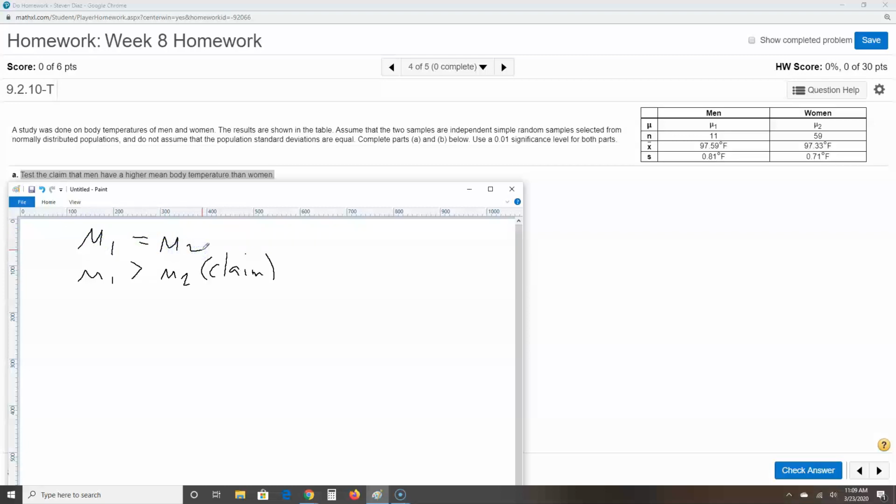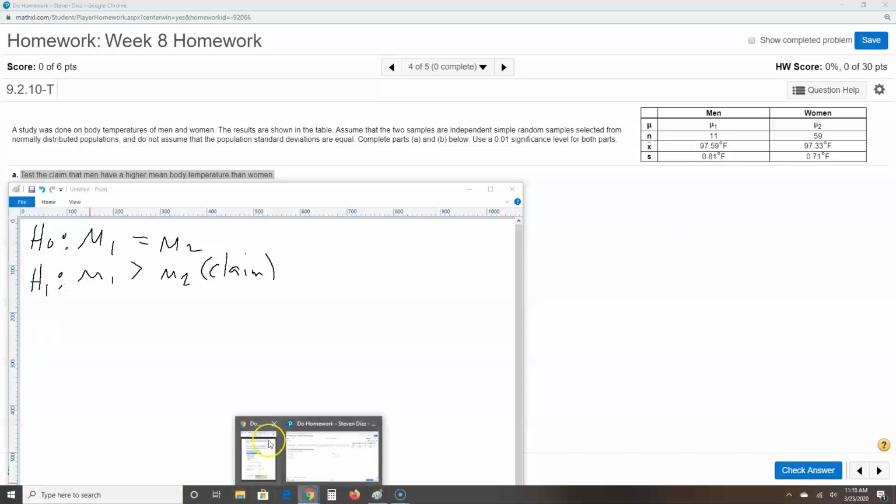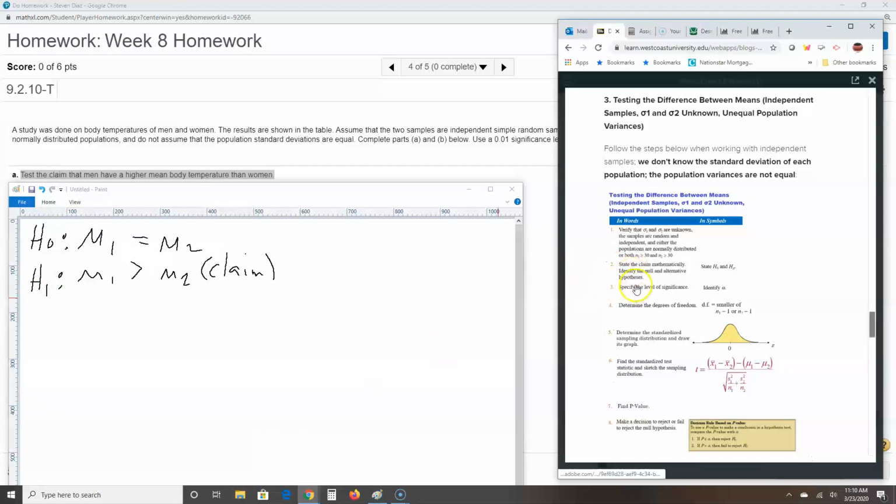And once you have the two claims, label them as H0 and H1. Whatever claim has the equal is H0. Whatever claim doesn't have the equal is H1 or HA. And I did step number 2. Step 3, I'm going to find alpha, which is my significance level.